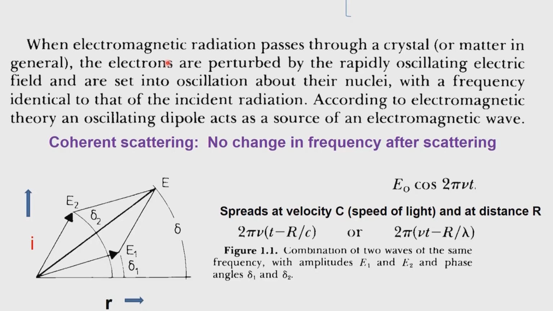So there is no change in the frequency after the scattering experiment is done. So, we shall take the electric field as E naught cosine 2 pi nu t, and if we take that as the electric field or the electric disturbance which occurs at the origin, and now whenever it falls on that object, we have to see when and where it falls on the object.